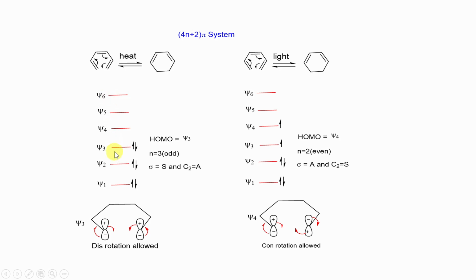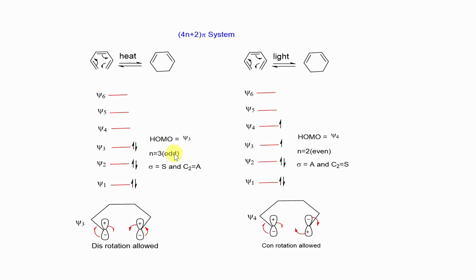Therefore, there are 6 pi molecular orbitals. Among these, 3 molecular orbitals are bonding. The remaining 3 are antibonding. The 6 pi electrons are distributed 2 each in the 3 bonding molecular orbitals. Thereby, in the ground state, the HOMO is the 3rd bonding molecular orbital, that is ψ3.